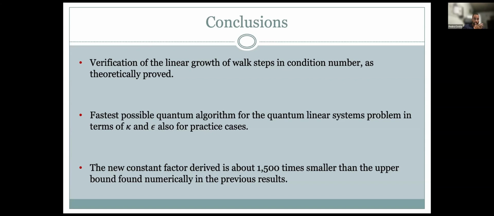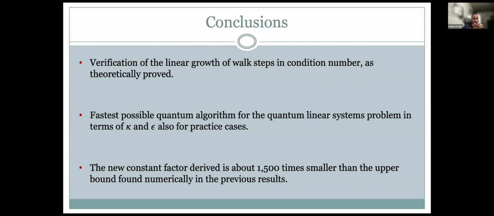And again, our result is asymptotically the fastest possible quantum algorithm for linear system problems in terms of kappa, this parameter of the complexity.